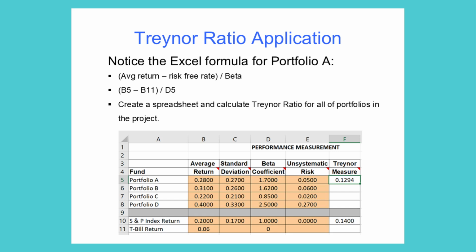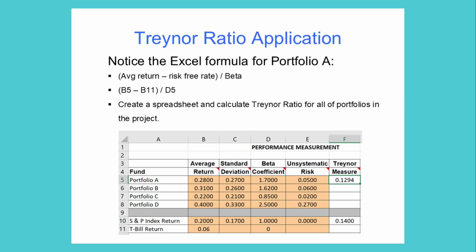For your final project, you will be calculating the Treynor ratio in Excel for several portfolios. For example, you might use this formula for portfolio A. The difference between B5 and B11, so B5 minus B11, and then take that result and divide that by D5, where B5 is the average return, B11 is the risk-free rate, and D5 is the beta of the accompanying portfolio.